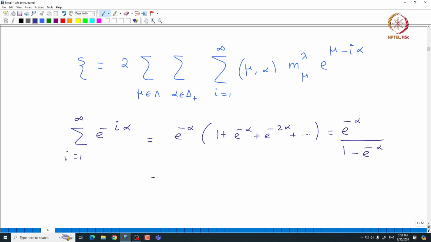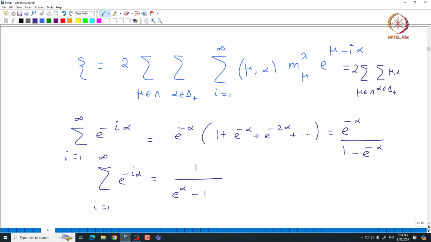If you rewrite this, you can see that this is exactly equal to 1 divided by e power alpha minus 1. So, the summation of e power minus i alpha, i from 1 to infinity, is 1 divided by e power alpha minus 1. If we use that in this expression, then this becomes exactly twice the summation over mu in Lambda, summation over alpha in delta plus.